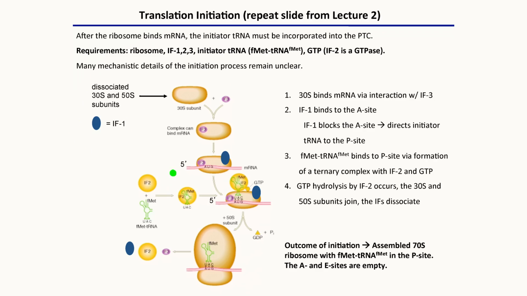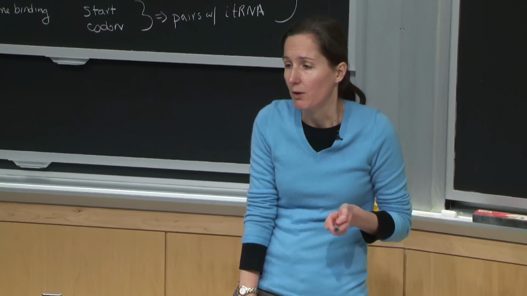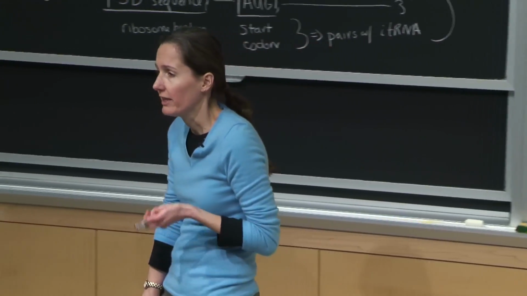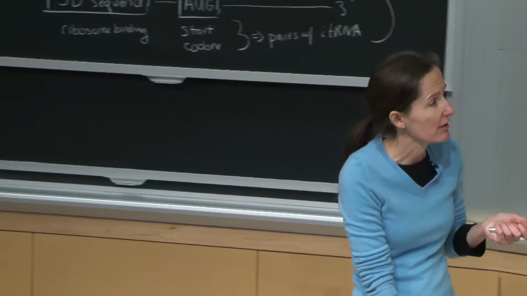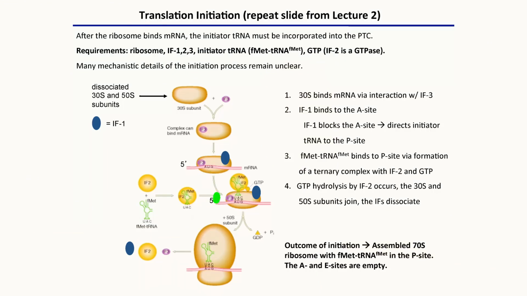And in this cartoon, if we imagine the E site, the P site, and the A site, what we see is that IF1 is binding to the A site of the ribosome. And one way we can think about this is that the initiator tRNA has to get to the P site. And so that region's blocked to facilitate the initiator tRNA getting to the P site.